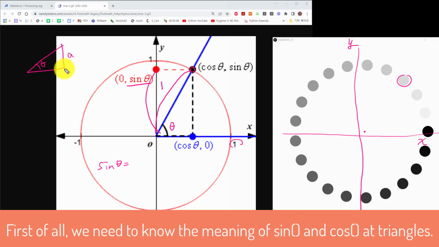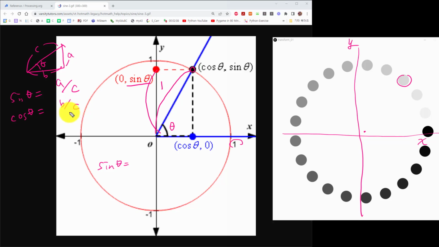Let's say this length is A, this length is B, and this length is C. What is sine theta? It will be A divided by C. And what is cosine theta? Cosine theta will be B divided by C, right? This is an introduction to sine and cosine.